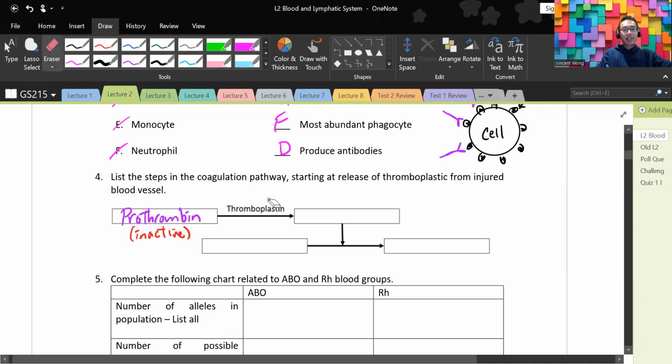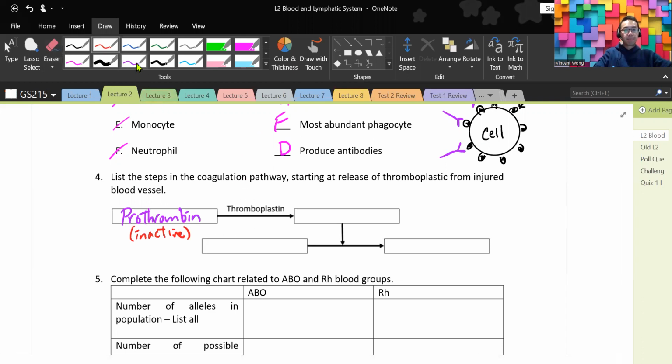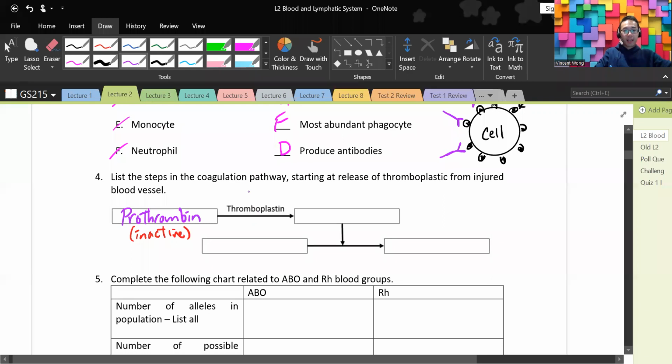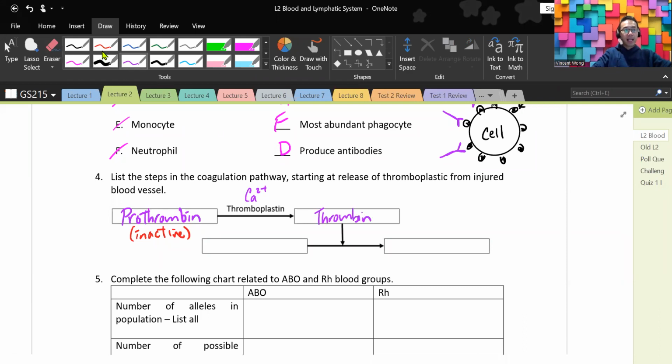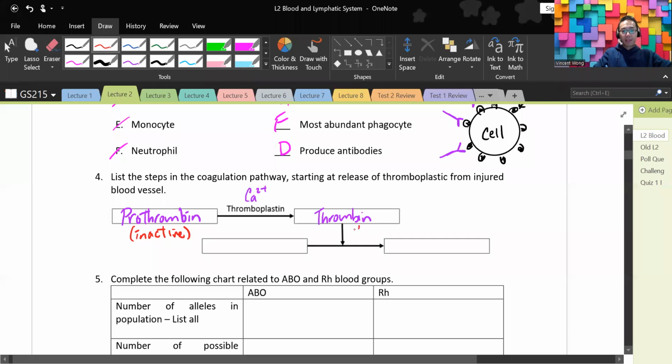But in the presence of thromboplastin and a little bit of calcium, prothrombin will get activated into thrombin. This is the active form.